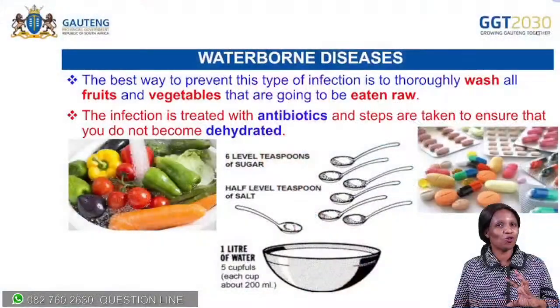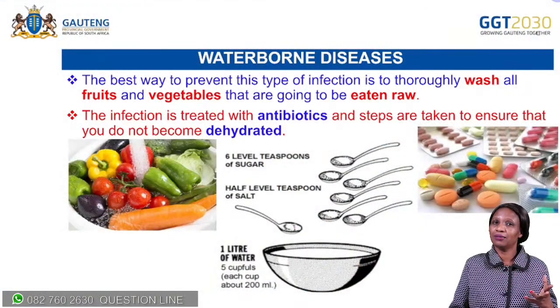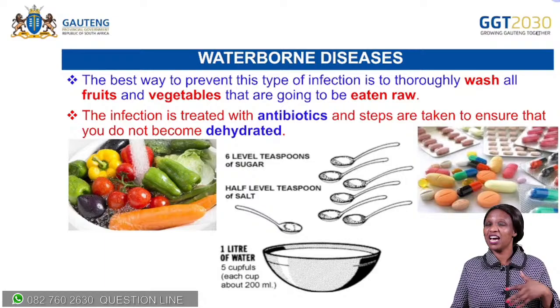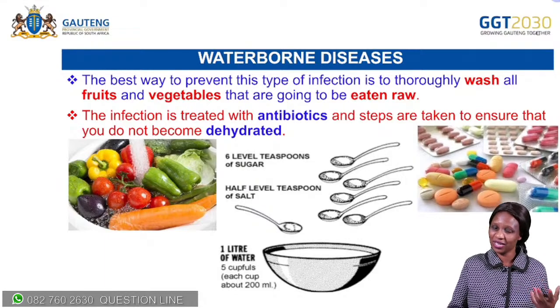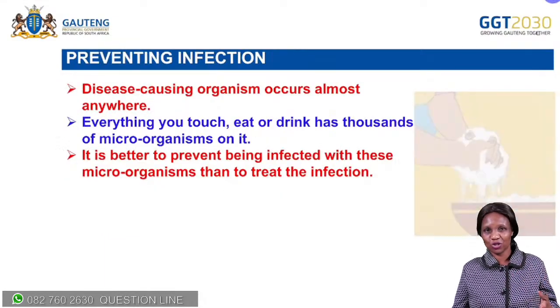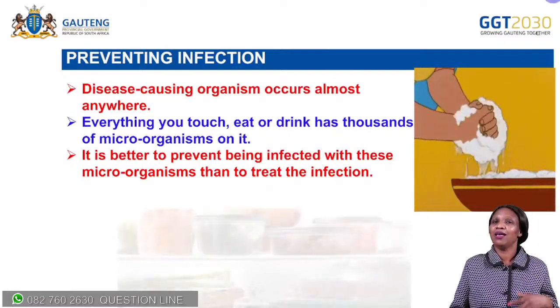And if you've got diarrhea, if you are dehydrated, make sure you rehydrate yourself. You make salt, sugar solution, and you go to a health center and make sure you wash your hands. Make sure you wash the food that you are eating. Make sure the food is packed in containers and it's in the refrigerator. Okay.